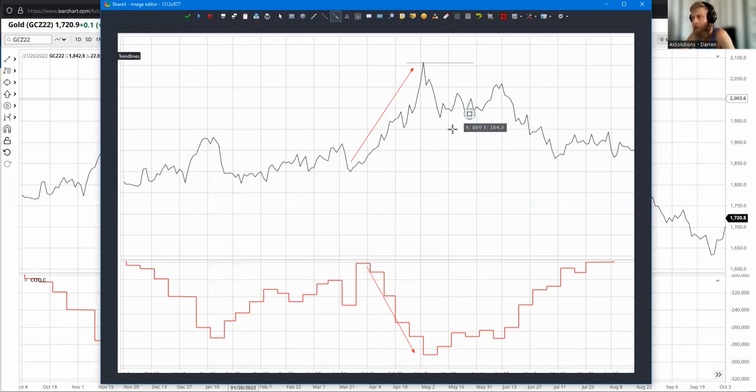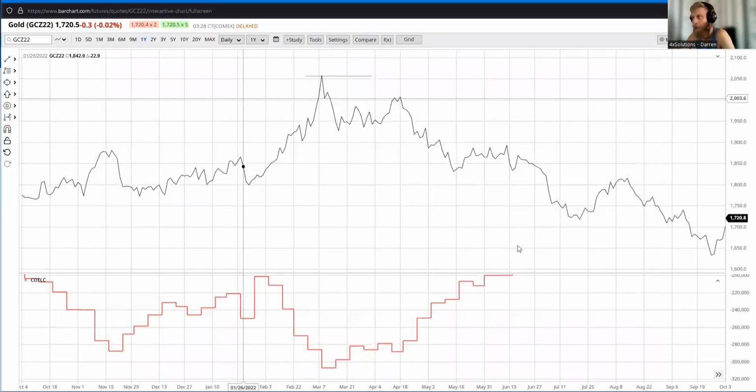But what's happening here? COT data is going up and the price is going up. So it's a strong buy here. Then what happens? COT data going up, but price goes down. So they're buying over here. Price going down, COT data going up. Then what happens after that?